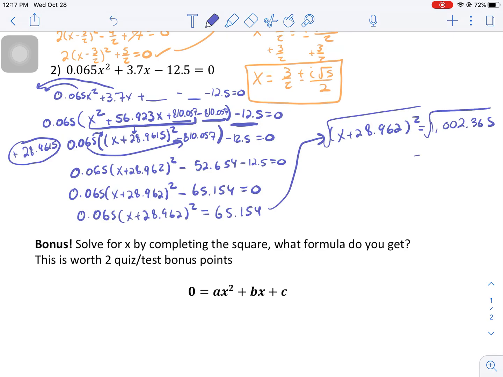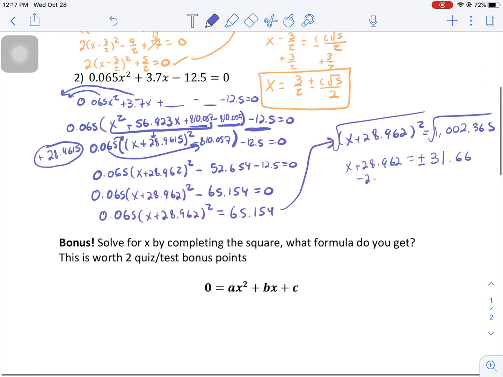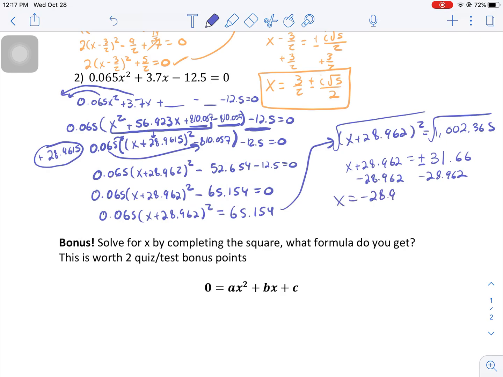That gives us 31.66 is equal to x plus 28.962. Can't forget my plus or minus right here. And then the last thing, subtract the 28.962 from both sides. So we get x is equal to negative 28.962 plus or minus 31.66. And that can actually give us two answers here, right?